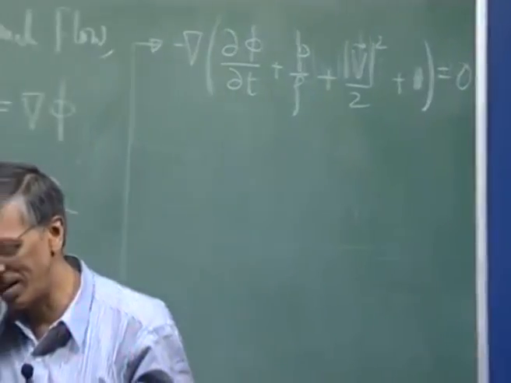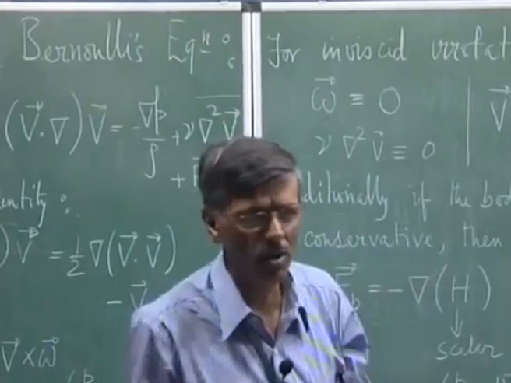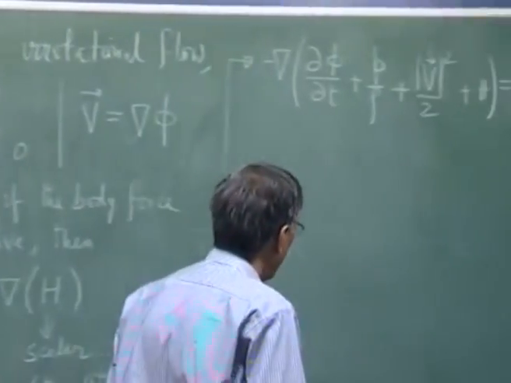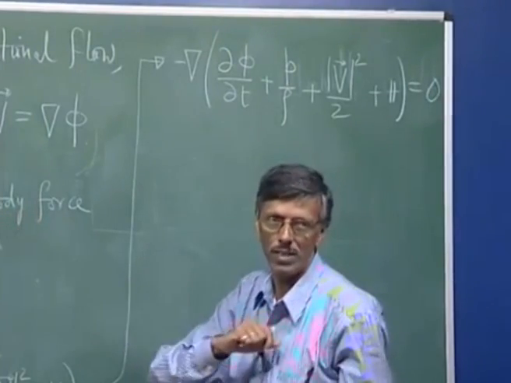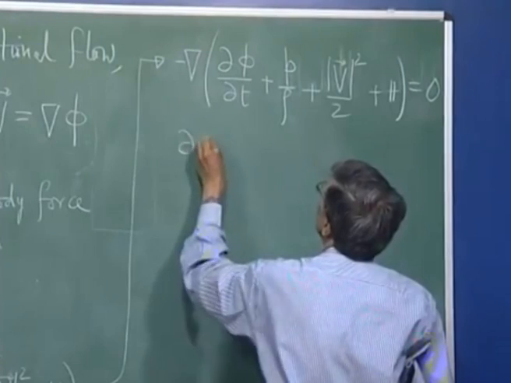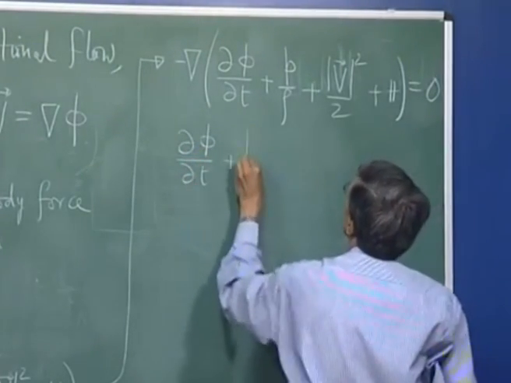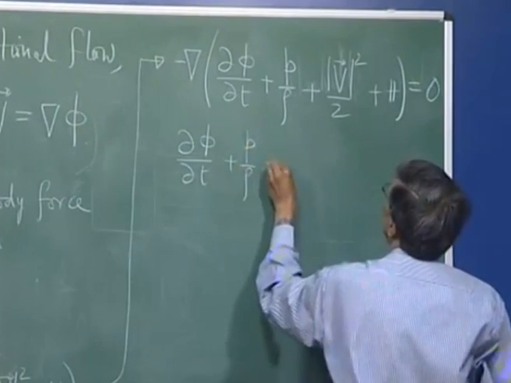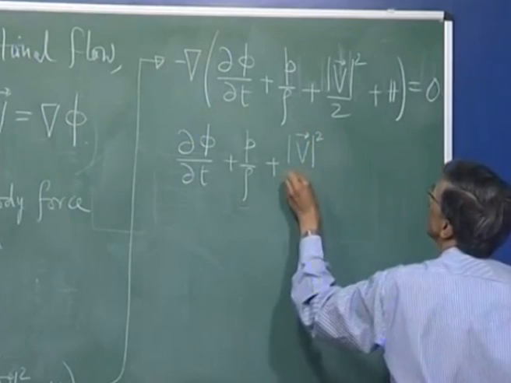So, what does it tell us? If the gradient of that quantity is equal to 0, that means that quantity must be equal to a constant anywhere I look in the flow field, right. So, that is going to be your unsteady Bernoulli's equation that we started looking at.